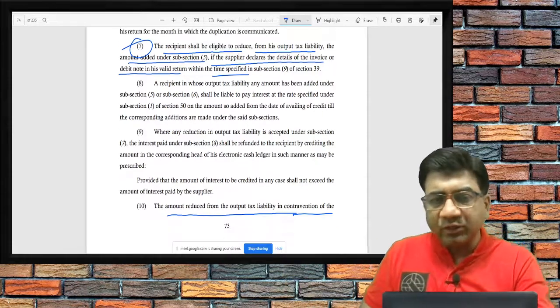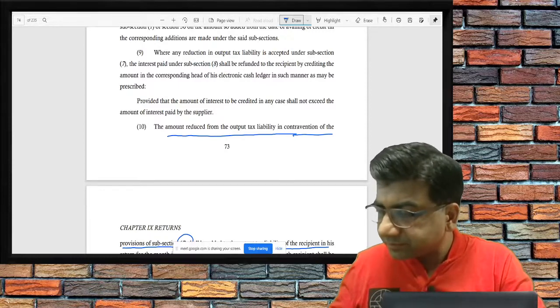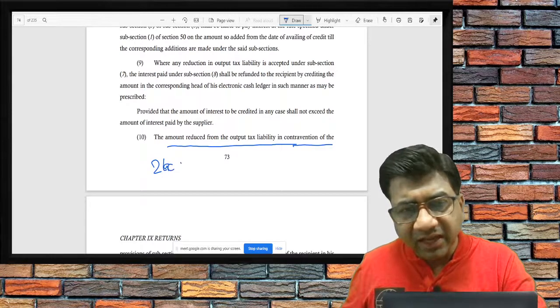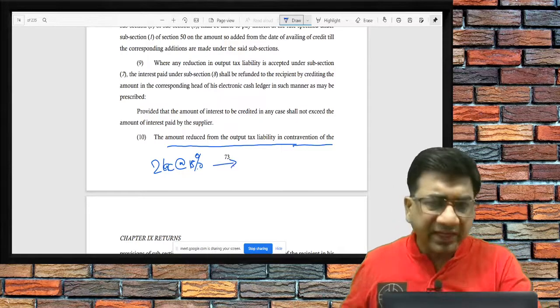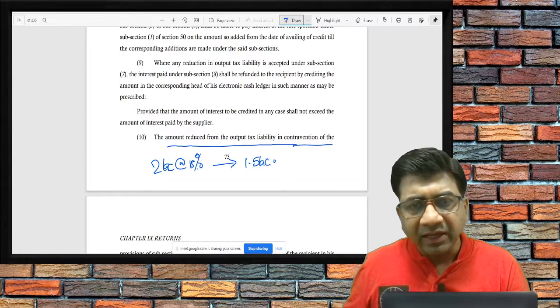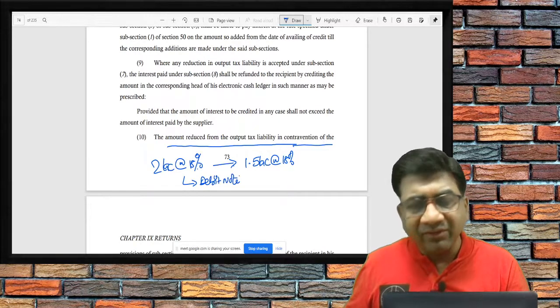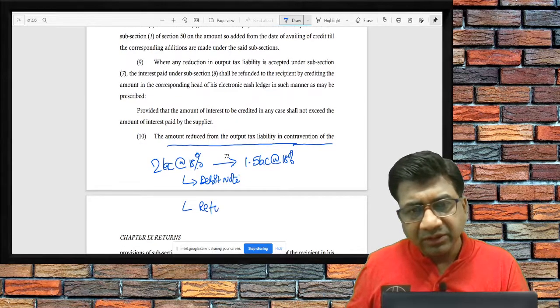Let me take an example. I made a sale of 2 lakhs and charged GST at the rate of 18%. Later on I came to know the sale should be only 1.5 lakhs, with GST at 18%. So the first thing, I will issue a debit note. I will refund 50,000 to the client.